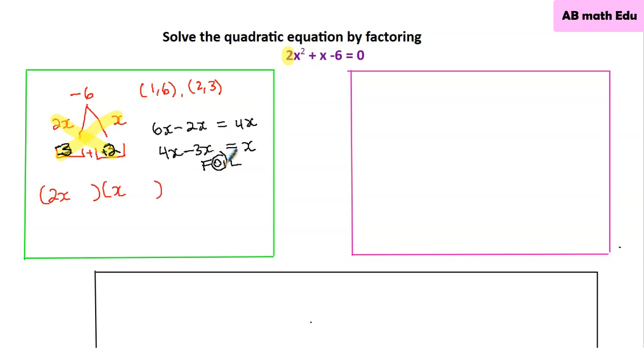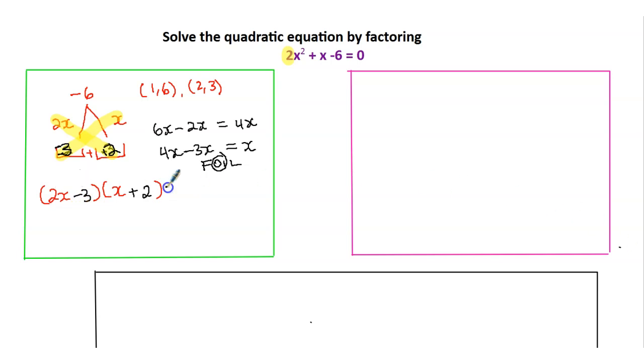It's the outer and the inner. So the +2 has to be here, and the -3 has to be here, so that when we multiply it that way, we get the first and the last here, and then the inner. So that will be that, and it equals 0.